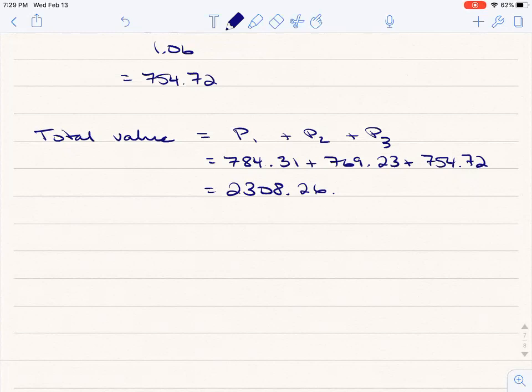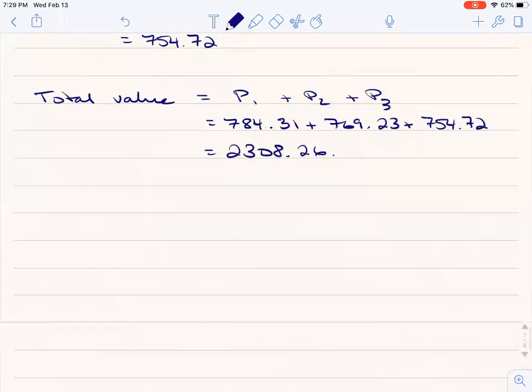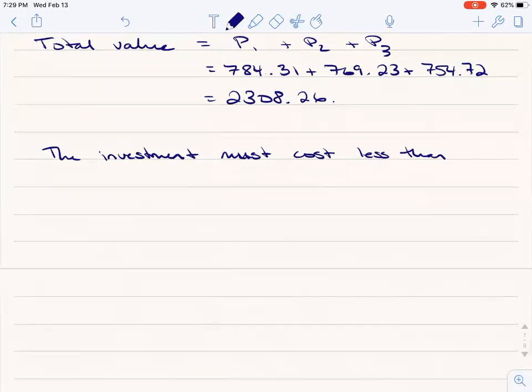And so unless it costs less than that, right, you're not interested. And so the investment must cost less than $2,308.26.